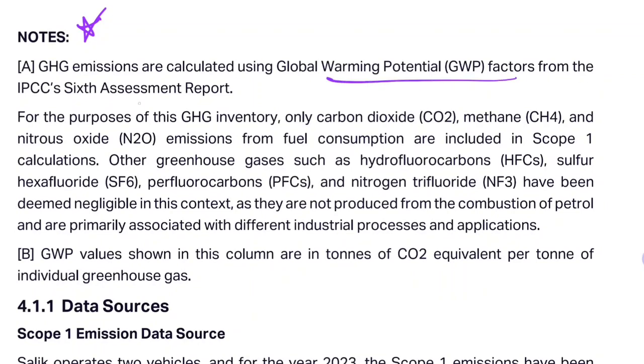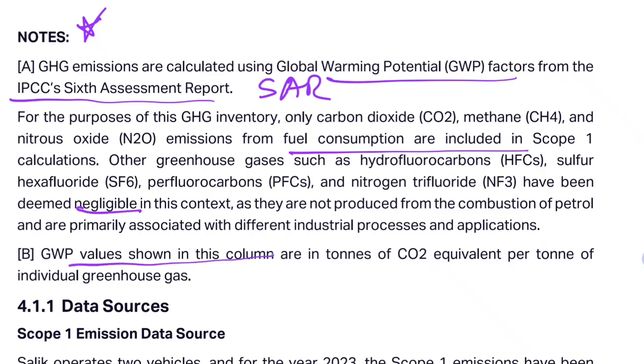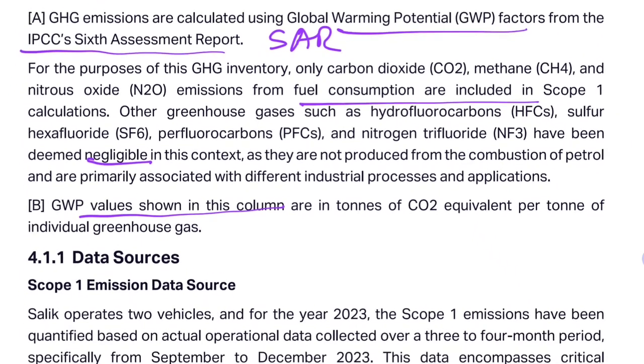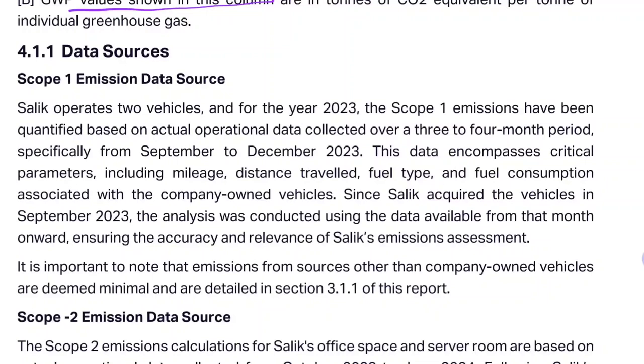It's written here, but this has been taken from IPCC's 6th assessment report of IPCC, and for the purpose of this inventory, only carbon dioxide, methane, and nitrous oxide emissions from fuel consumption are included in scope 1. Other greenhouse gases like hydrofluorocarbons, sulfur hexafluoride, perfluorocarbons, nitrogen trifluoride have been deemed negligible in this context. Also, GWP value is shown in the column in tons of CO2 equivalent per ton of individual greenhouse gases.